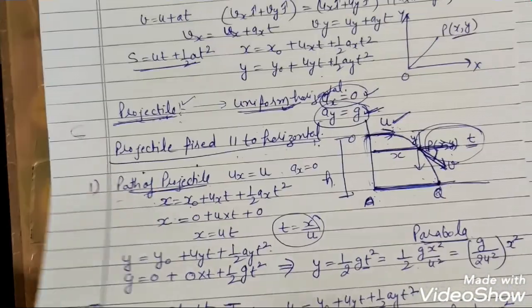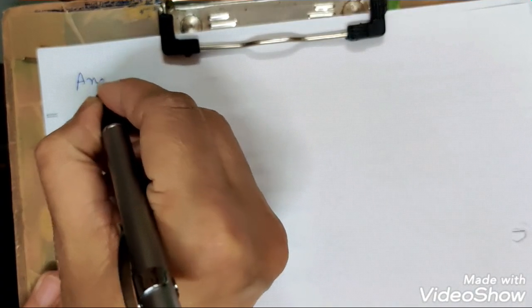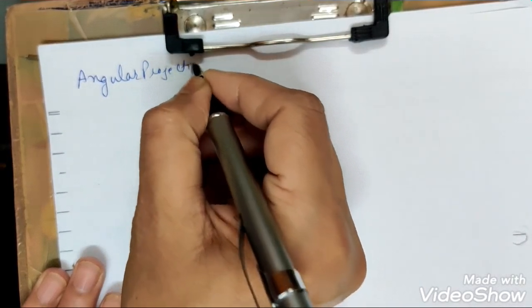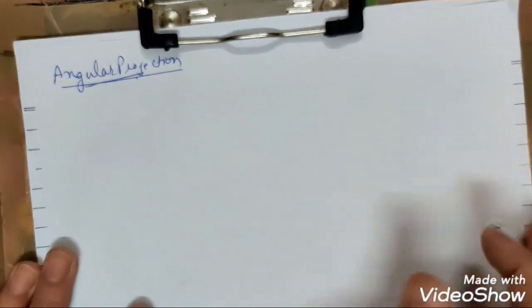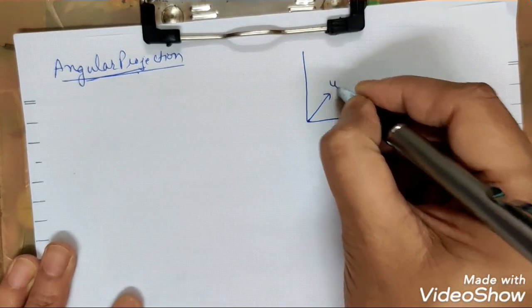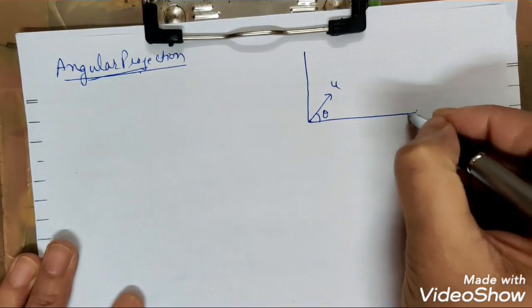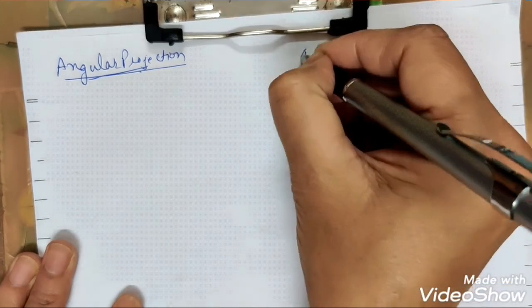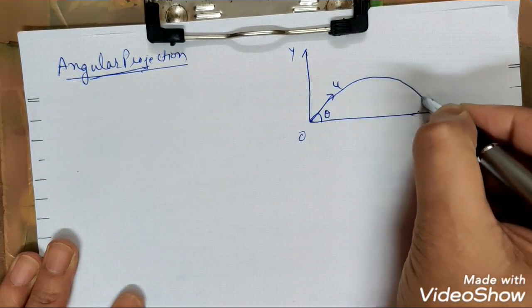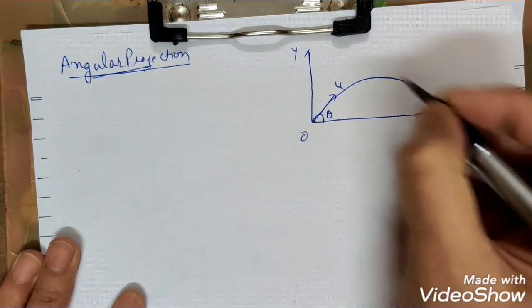And now the next one, that is angular projection. The projectile at angular projection. Angular projection means when it is fired with velocity u at a horizontal angle theta, then it moves and after some time it strikes the ground.